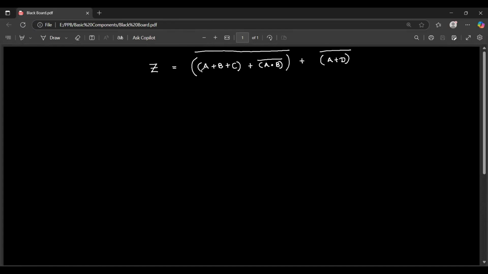And then instead of plus, let's say we have dot (C dot B) whole thing bar whole thing bar. What if we have something like this? Let's put a bar here also. What can we do here?